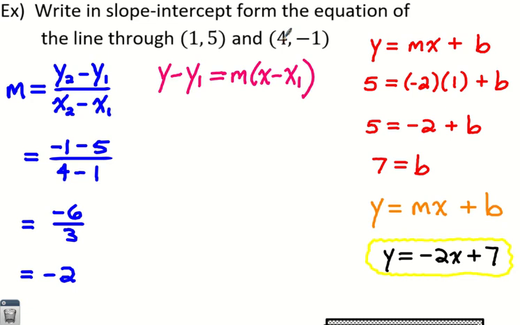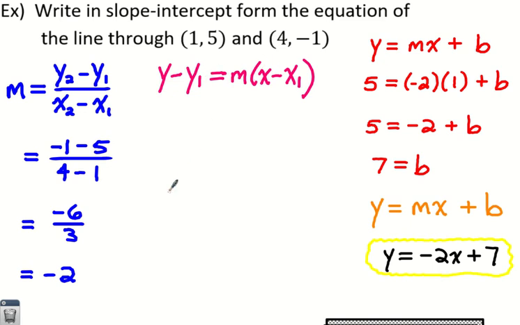To me, I usually point out that over here, finding m, we literally just got done calling 1 and 5 our x1, y1. So why not just stick with 1 and 5 in this formula as well?